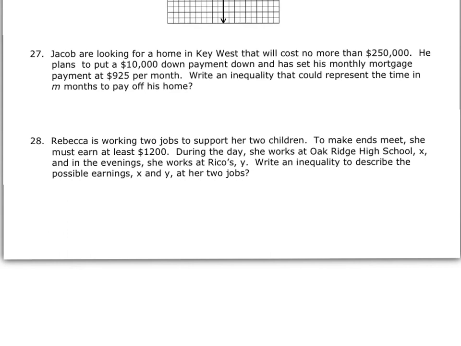Okay, so we know that Jacob had $10,000 as a down payment plus $925 per month, and he wants to buy a house that will cost no more than $250,000.